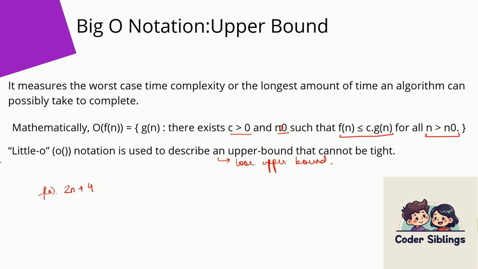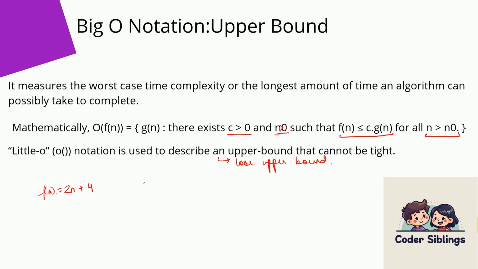So, considering the function f of n equal to 2n plus 4, we need to find constants c greater than 0 and n naught greater than 0, such that f of n is less than or equal to c g of n for all n greater than n naught.